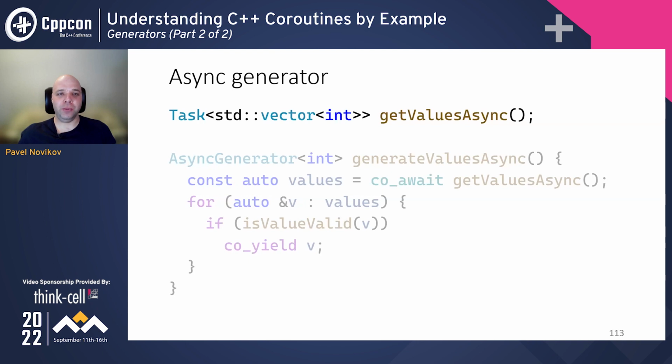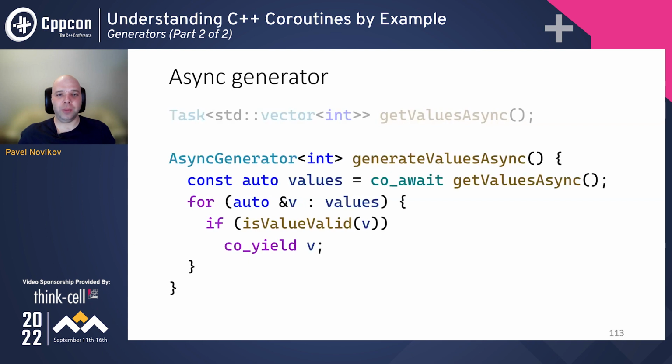This result that will be ready in the future is represented by task. And you can co_await on that task, for example, like here. And you can synchronously wait for that task, which will be shown later.